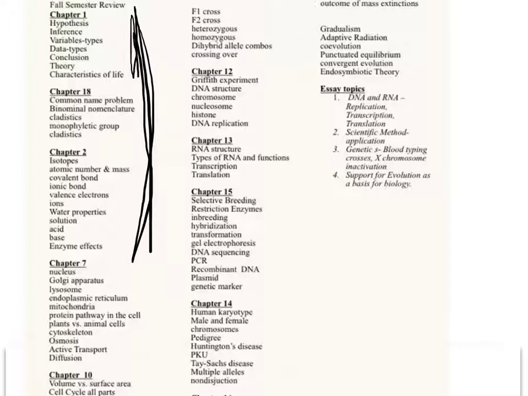If it's a concept that's not related to any of these terms here, it's not going to be asked in the December assessment unless it's covered here in the essays. One of those questions for chapter 1 would be the scientific method. That goes in with the terms that we have here anyway.